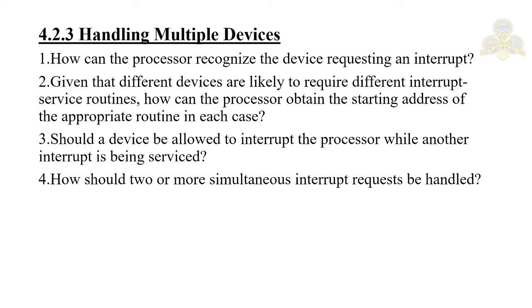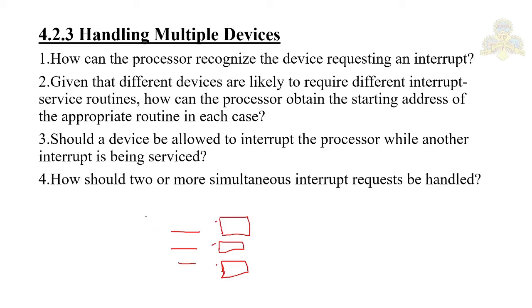That means whenever the interrupt occurs, its particular interrupt service routine has to be executed. If multiple devices raise an interrupt, they might need different interrupt service routines to be executed. Now it is a confusion for your processor which service routine to execute, or rather the starting address of these service routines.